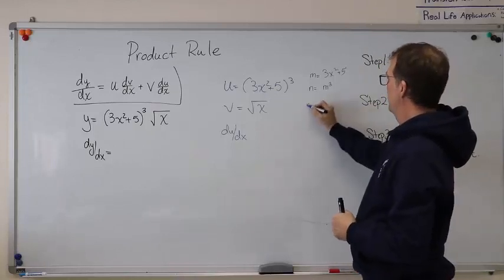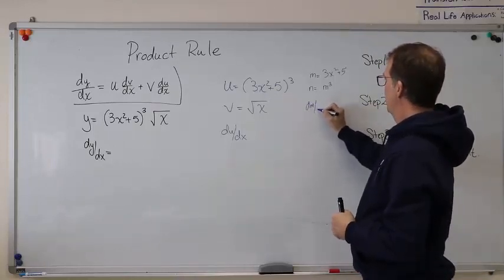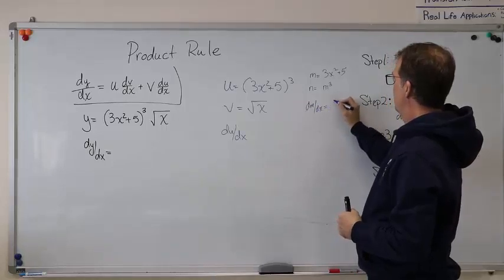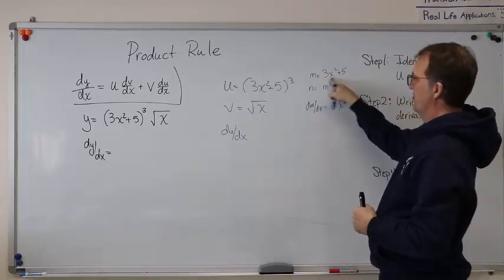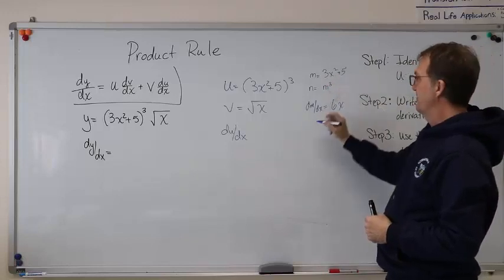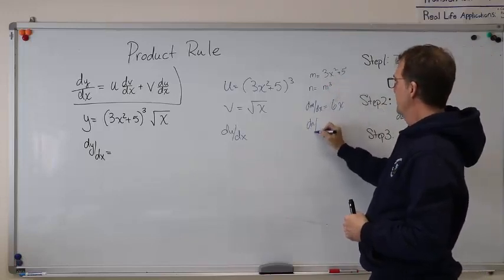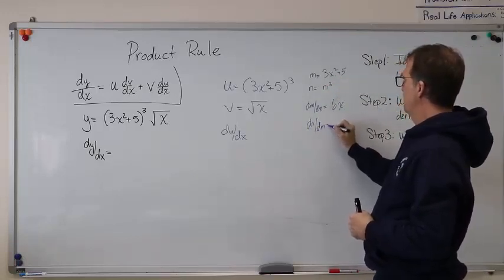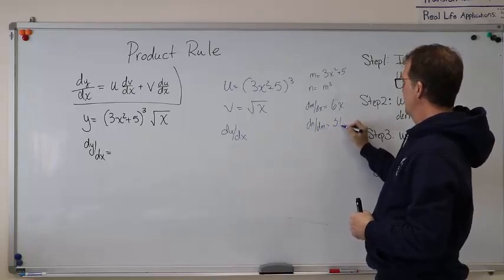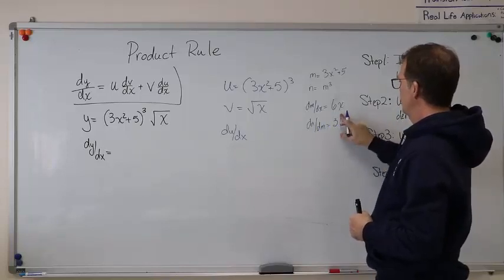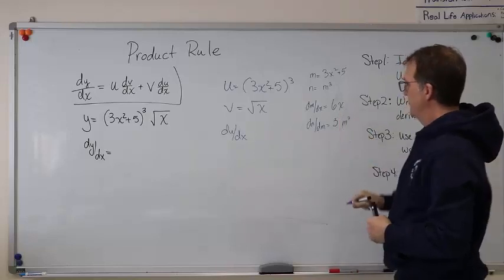So I have the derivative of m with respect to x, and that is 6x, derivative of 3x squared plus 5, and the derivative of n with respect to m is just 3m squared.